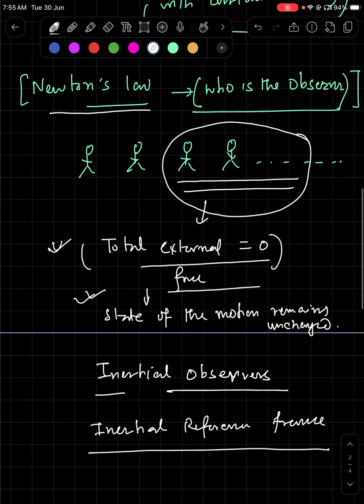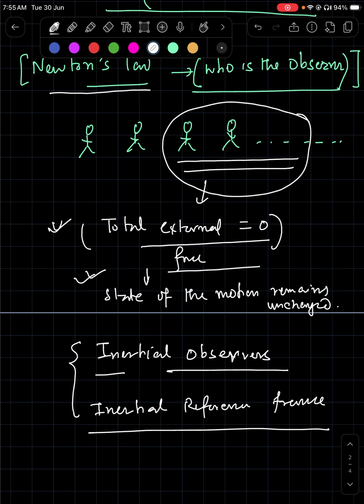So we have decided who the observer is. The observers are inertial observers, and the coordinate system they are using is the inertial reference frame. And they will tell us Newton's first law.